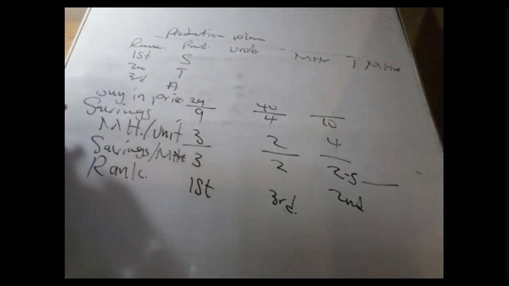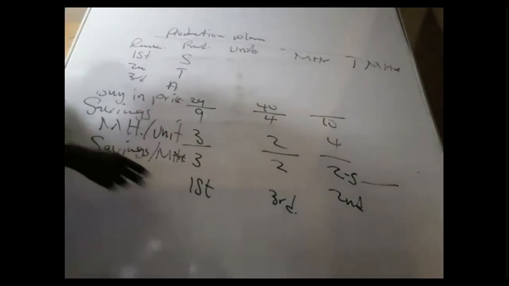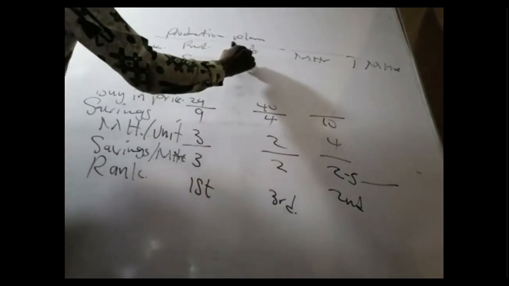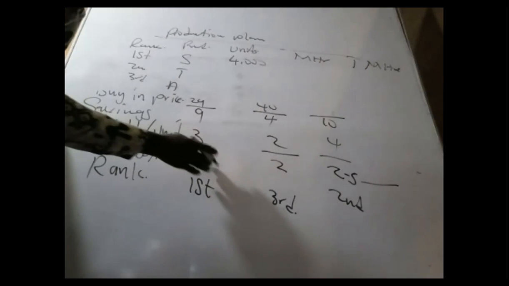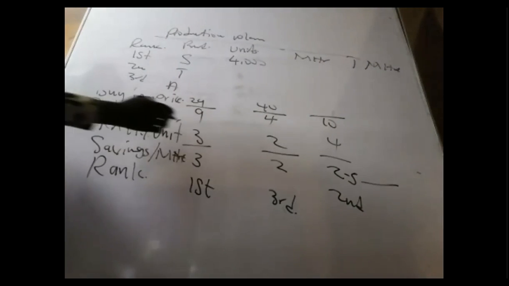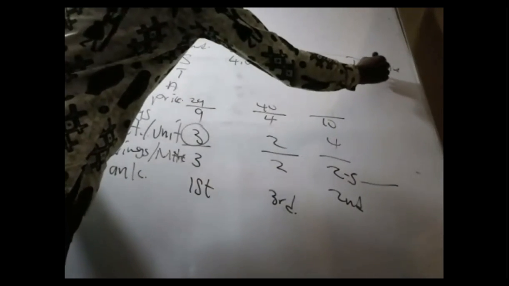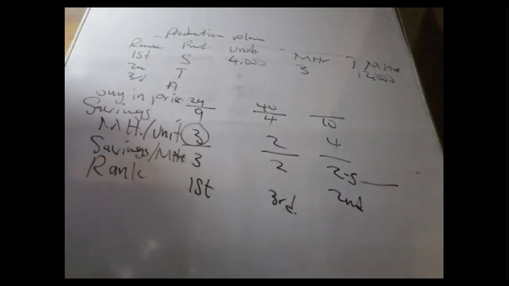The first product on the list is S. The demand is 4,000, so you have to produce 4,000. The limiting factor per unit is 3 hours. When you multiply, you get 12,000 hours.